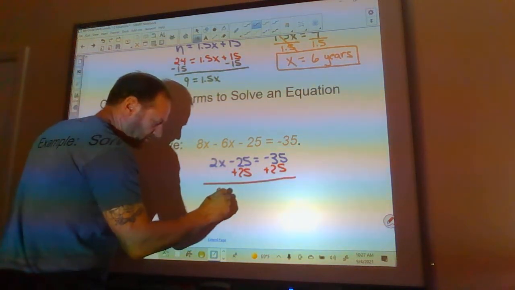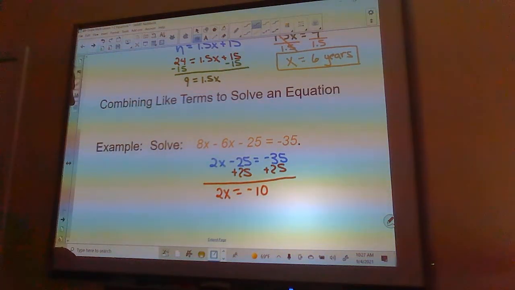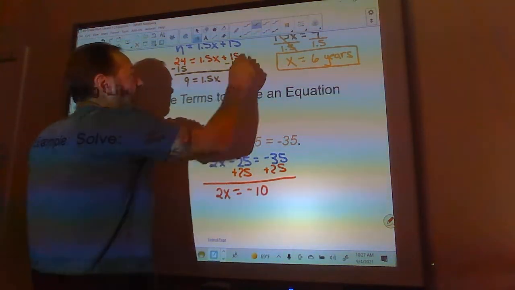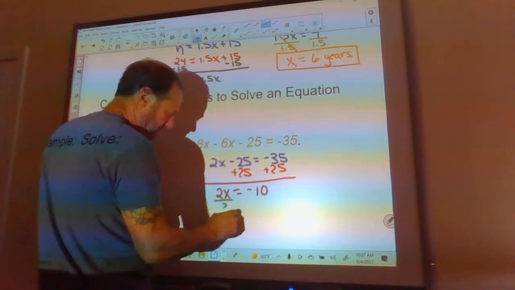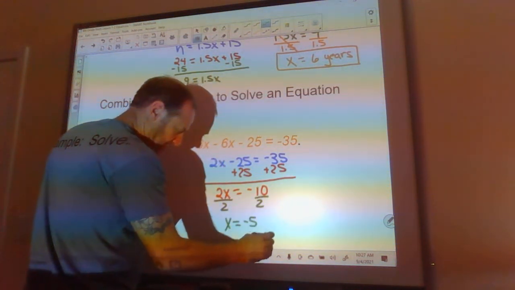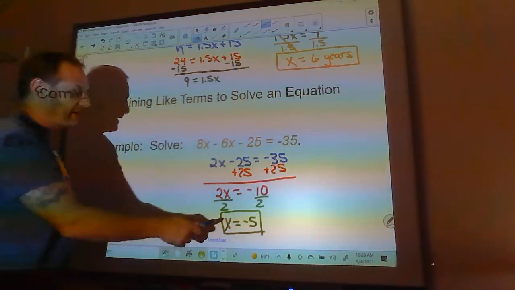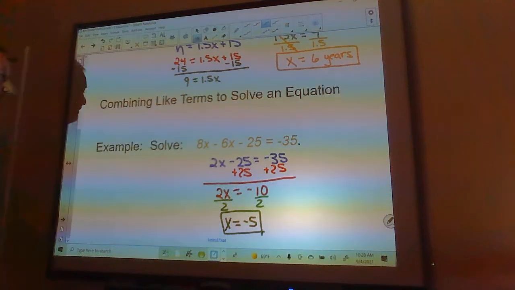And so I get 2x equals negative 10. And now I just need to divide by 2. And x equals negative 5. I didn't have a unit on this one, so I don't have to write out a unit. It's just x.